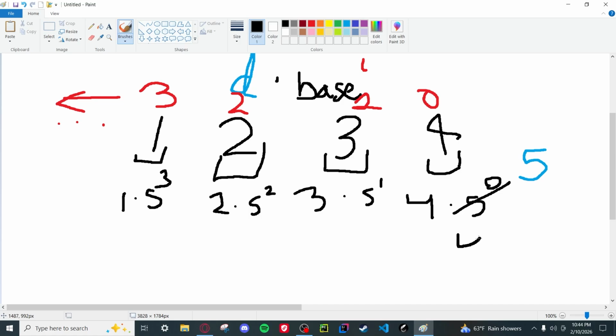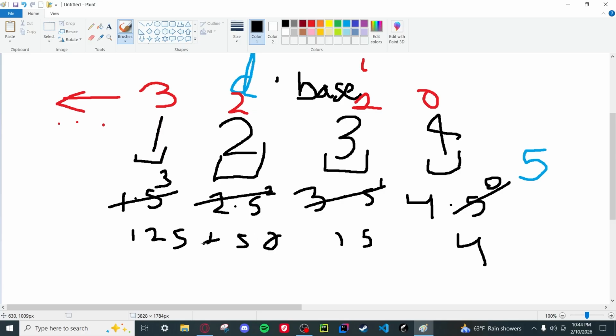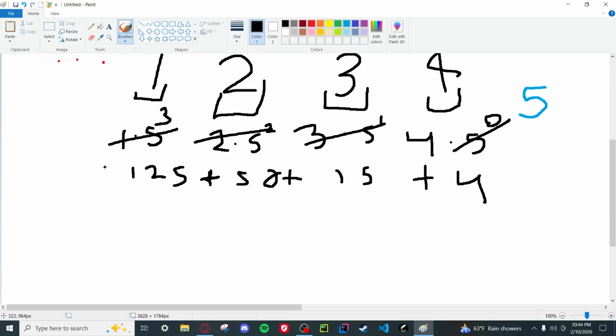Well, this is just 4, this is just 15, this is just 50, and 5 to the third is 125. You add them all up, and you're going to see that you get 175, 190, 194 in base 10.